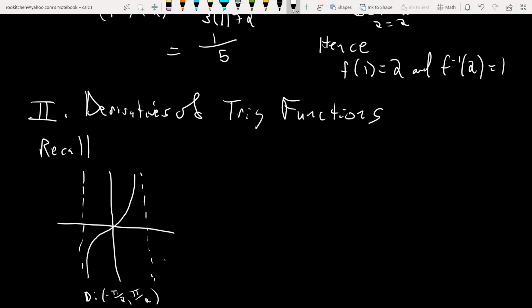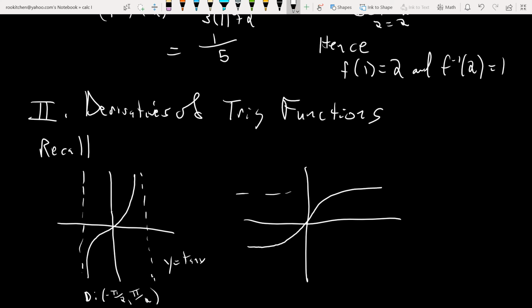So this is y equals tan of x. Okay, so tan inverse, what does it look like? It looks like this. So this is y equals tan inverse of x.